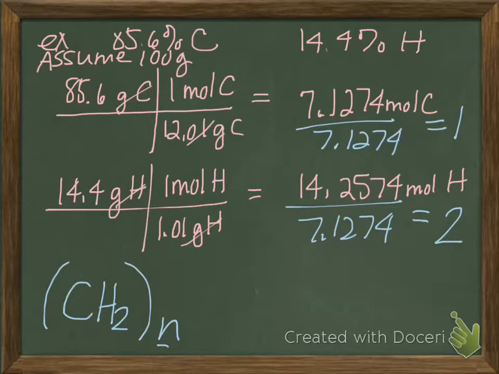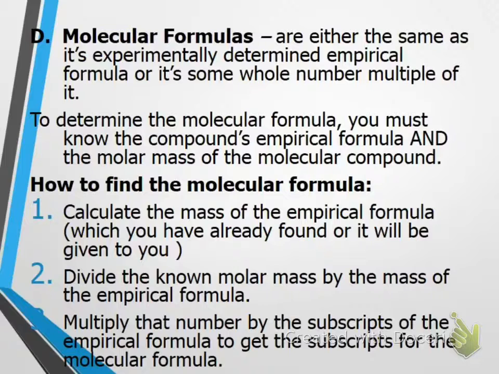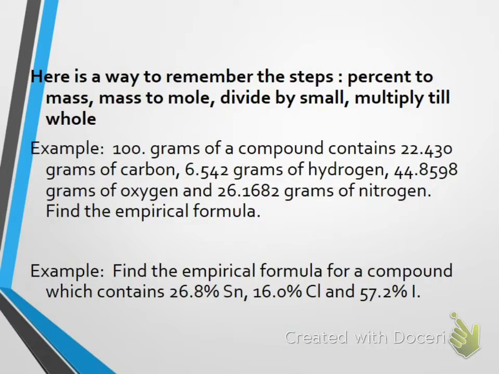So I'm actually going to go ahead and do at least one of the examples of empirical formula. And I'm going to need a calculator for sure. Let me go back.